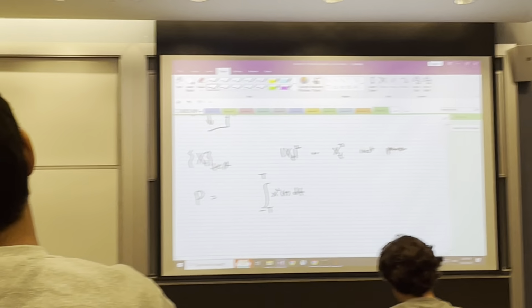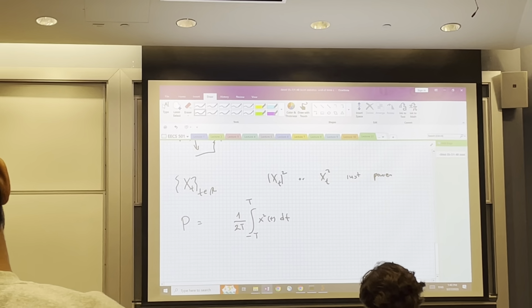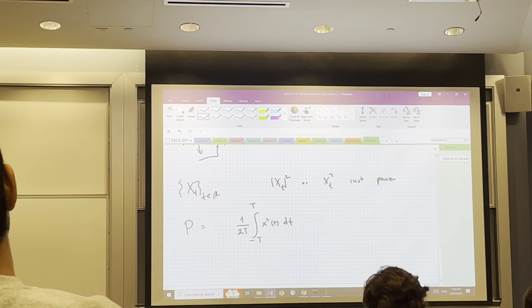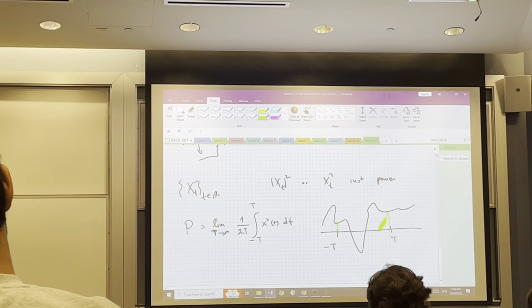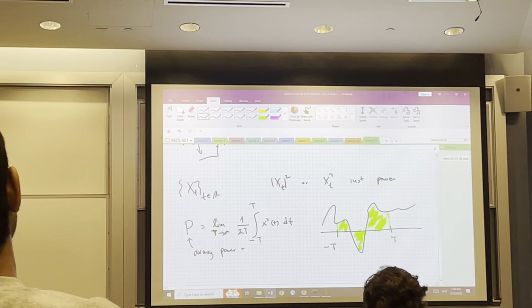But power is energy over time, so I divide by that time, and then because I don't know what T is, I take the limit as T goes to infinity. Remember, this is the square of x, not x. So this is the definition of the average power of the signal x of t.